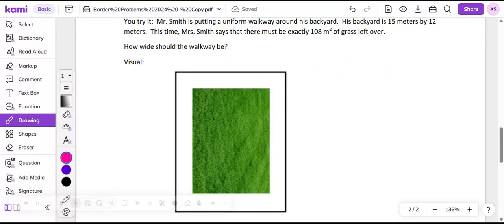This time, instead of saying the rug is 2/3 the area of the room, Mrs. Smith just said, look, we need 108 square meters of grass left over. So it's a very, very similar problem to the last one. I'm going to give you guys a bit of a head start. Can you give this one a go? I'll play catch up along the way.